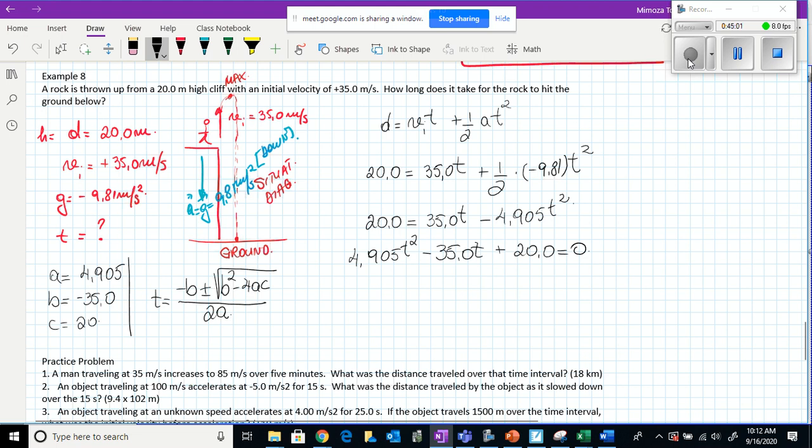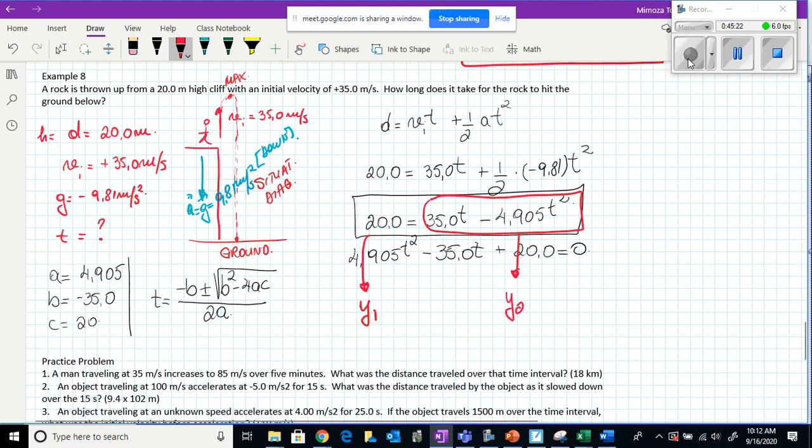What I'm expecting you to do is write this equation and then, in your calculator, state this as y1 and this expression here as y2 and find the point of intersection. So go ahead and do that in your calculator.